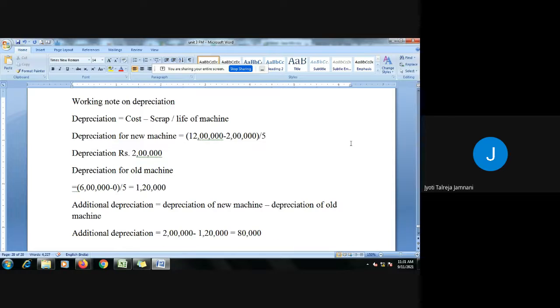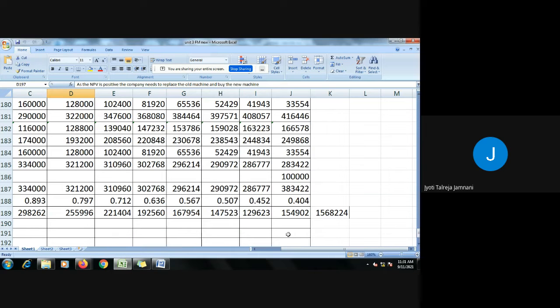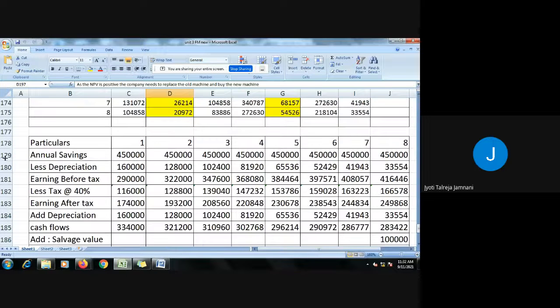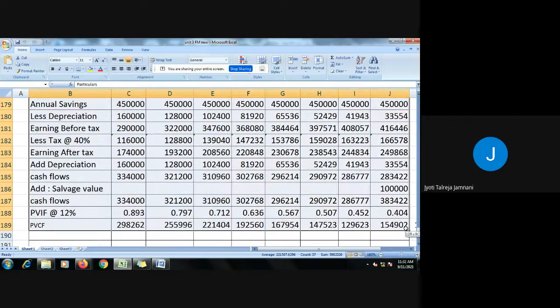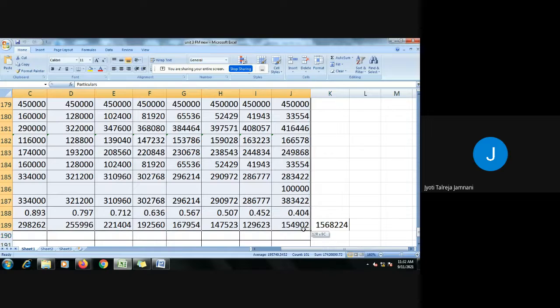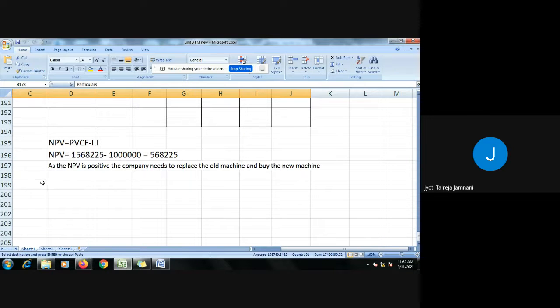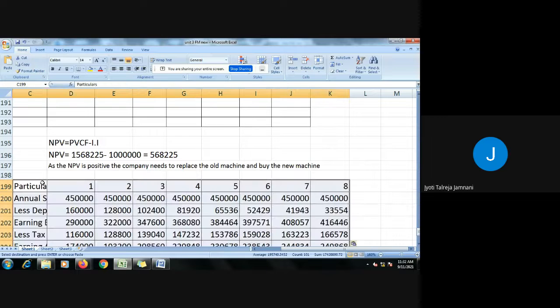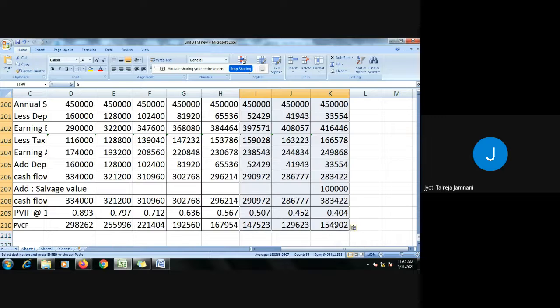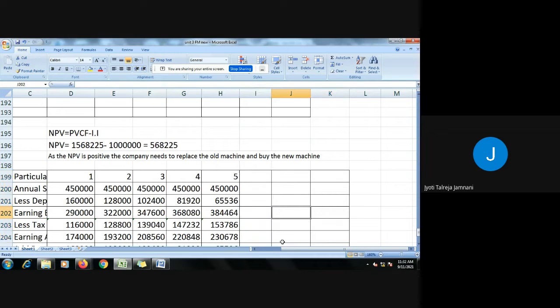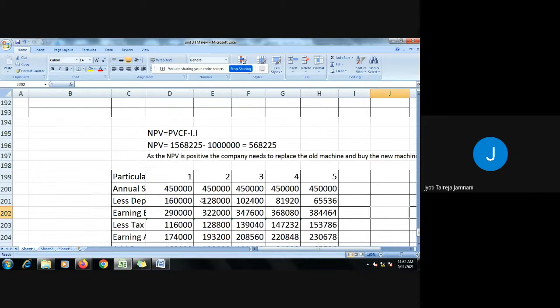Now after this, we need to find the cash flows using this tabular method. Here we have it for 5 years this time. We don't need 6, 7, 8. So from 1 to 5 years.